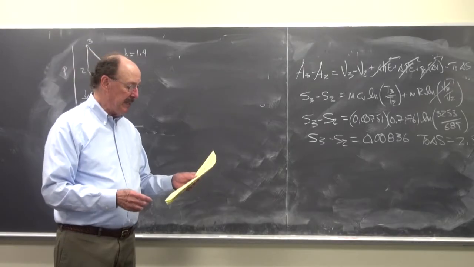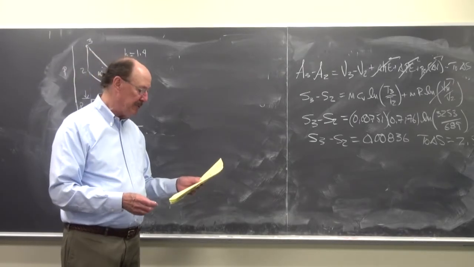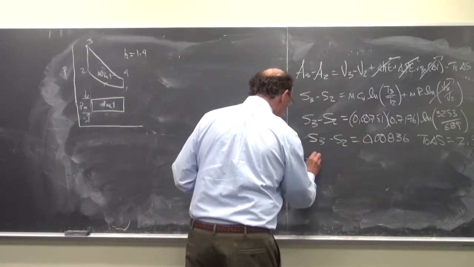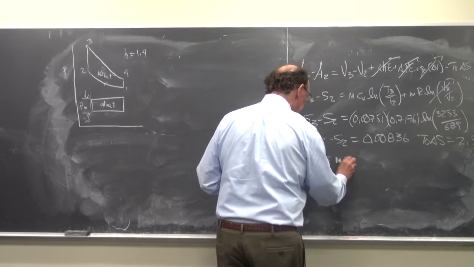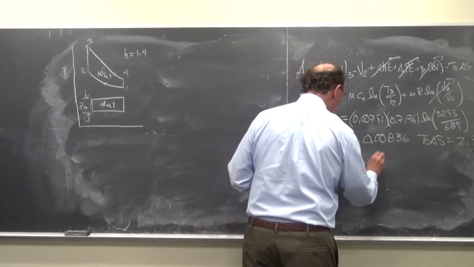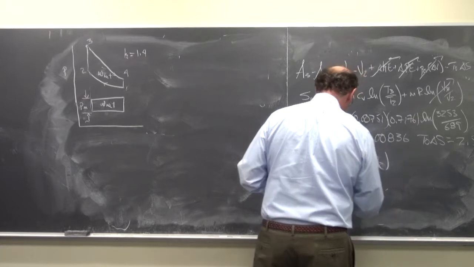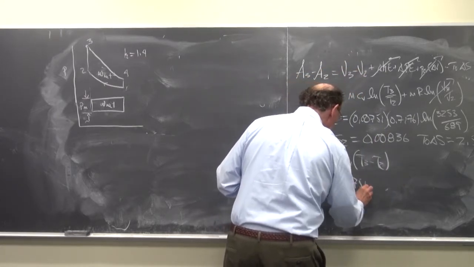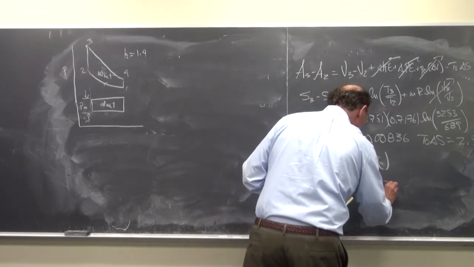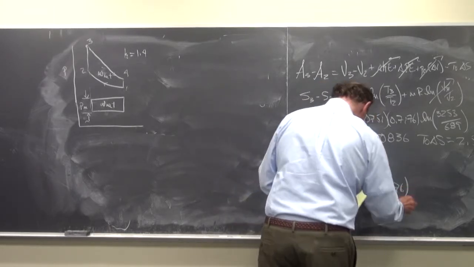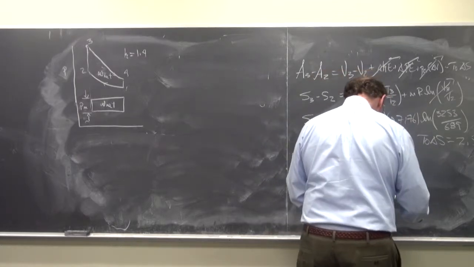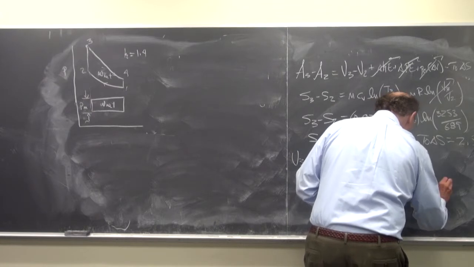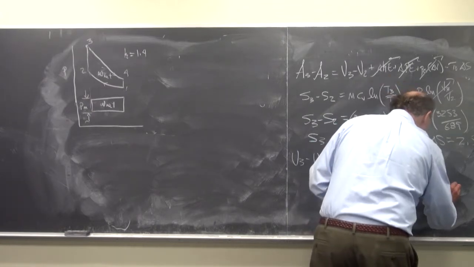Now let's calculate the change of internal energy from 3 to 2, and then we'll find the change of the availability. So U3 minus U2 is m c sub A times (T3 minus T2), which is equal to 0.0071 times 0.7176 times (3253 minus 689).